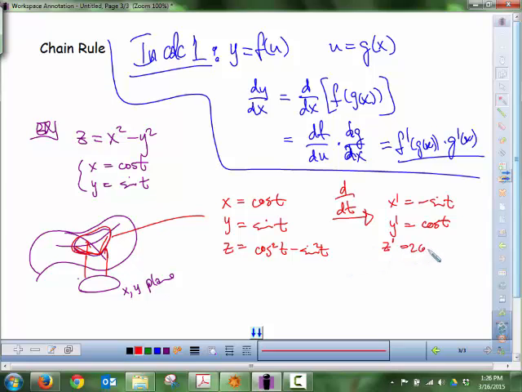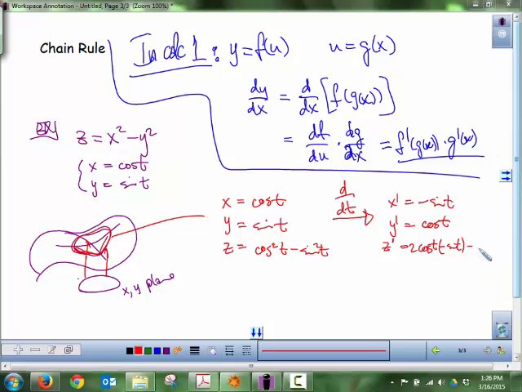So it's 2 cosine t minus sine t minus 2 sine t cosine t. Okay? All right. So what's this got to do with chain rule?